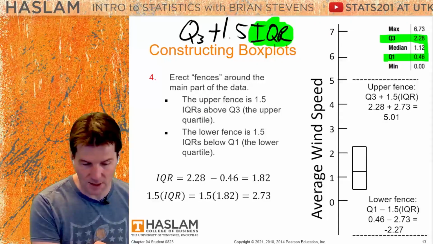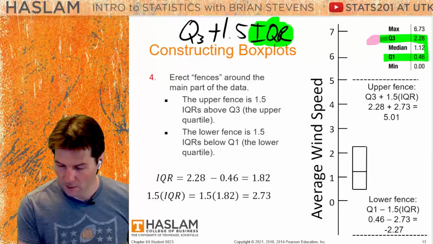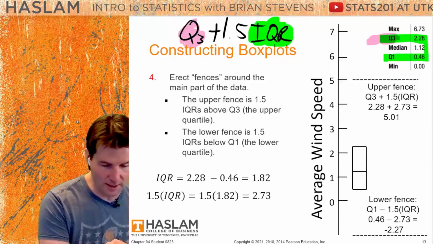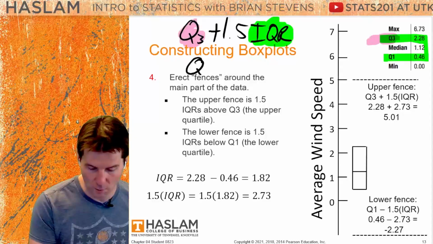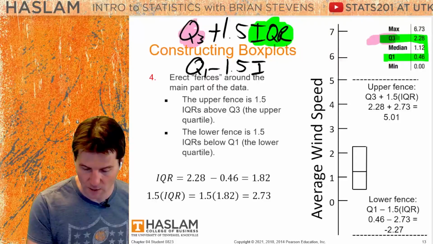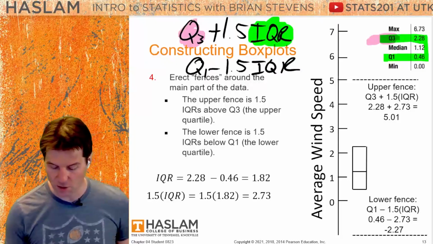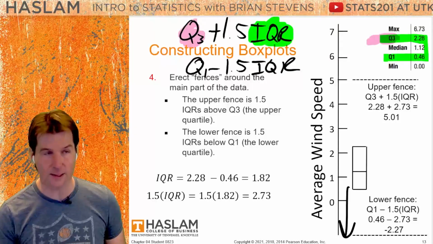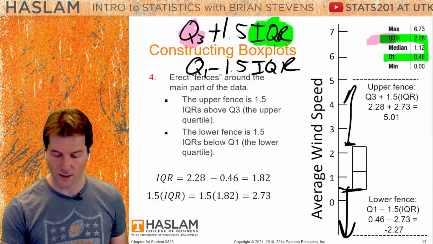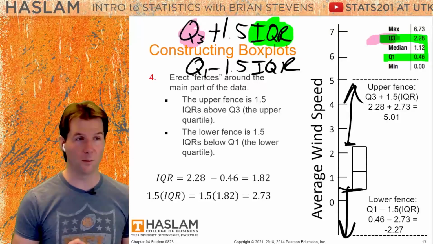And then you're going to have to take the Q3, which is right here, and add to it. The other formula is Q1 minus 1.5 IQR. And think about this. You're just going where this is at and going below it the same distance. So you go above Q3, 1.5 IQRs, and you go below Q1, 1.5 IQRs.